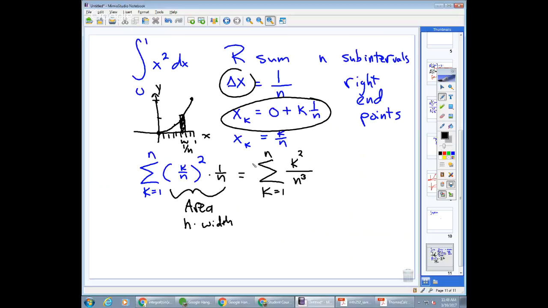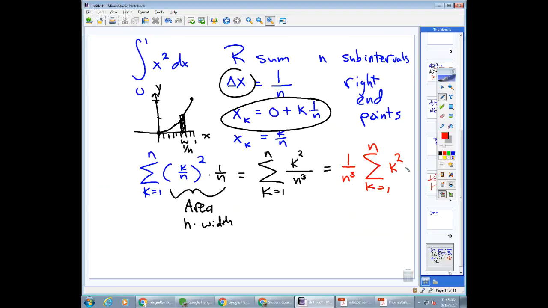Now, what's the variable here in my sum? It is k. Yeah, n is fixed. So in the previous example, n was going to be 7. Maybe n could be 10 or 100 or 1,000. Once we pick an n, we're stuck with it. But k is the variable here. That means the n cubed is a constant. It can come out of the sum. So I can rewrite this again as 1 over n cubed times the sum as k goes from 1 to n of k squared.